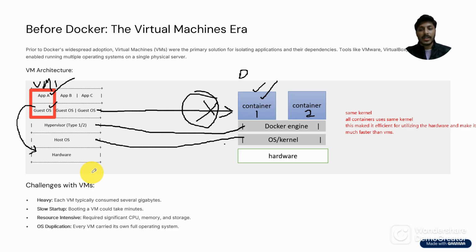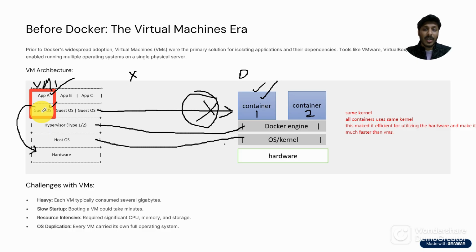Challenges with virtual machines: they can be heavy. Virtual machines typically consume several gigabytes. Slow startups: booting a virtual machine could take minutes. Starting up a virtual machine also wastes our resources. Say we have hardware of 128 GB, and out of it 4 GB or 20 GB is being used by the guest operating system itself.